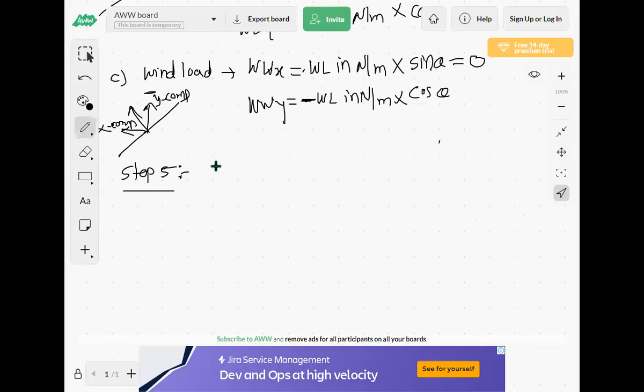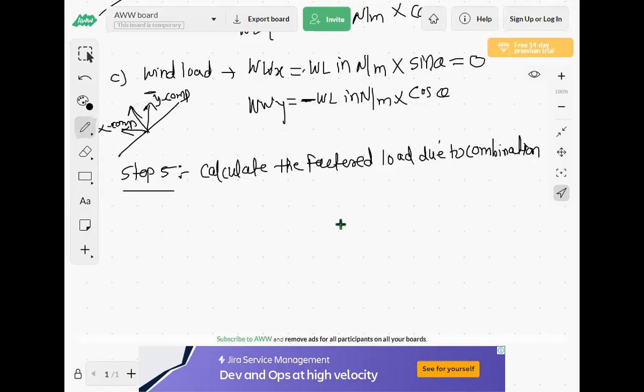Step number 5 is calculate the factored load due to combination.